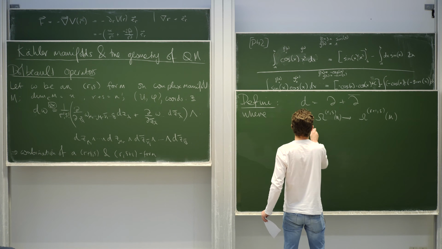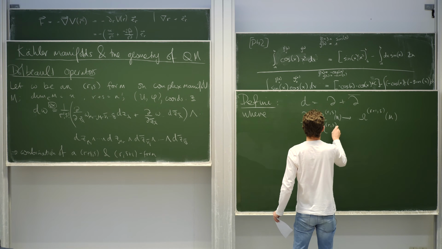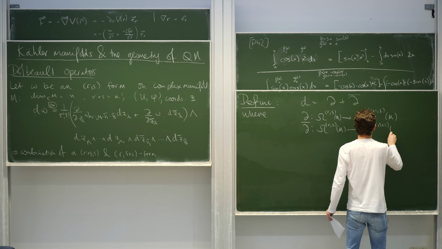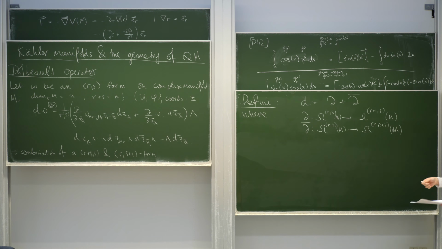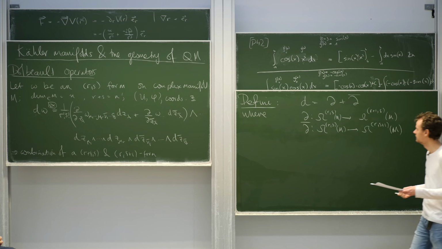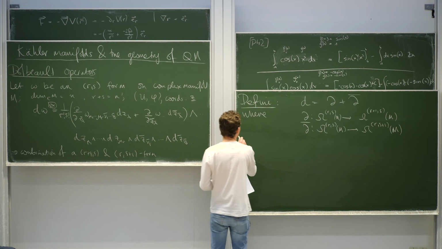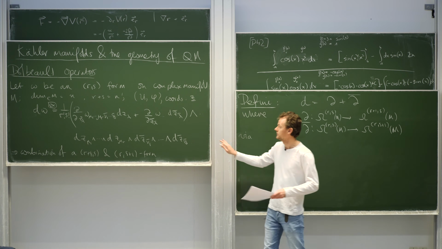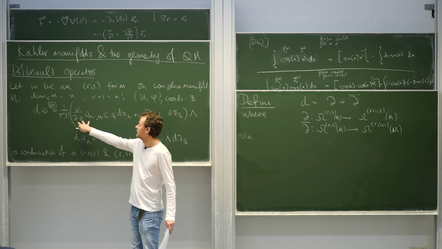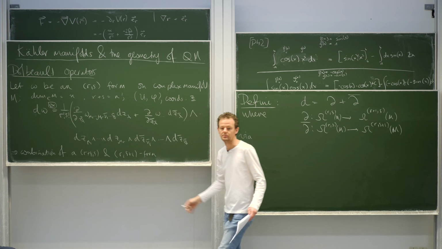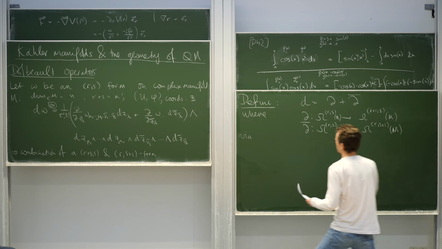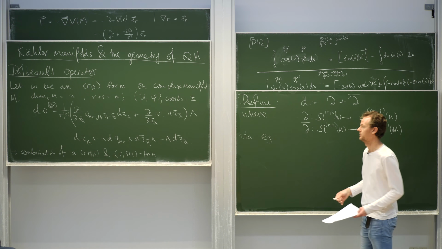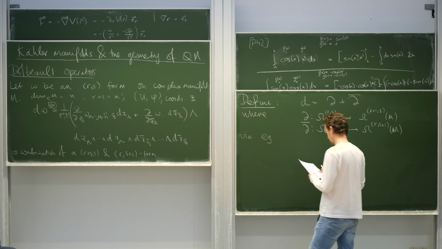Delta bar does the same, but on the anti-holomorphic part. We're going to define these operators just by capturing this decomposition here. I'll do it by example, but the definition is fairly apparent in that formula.